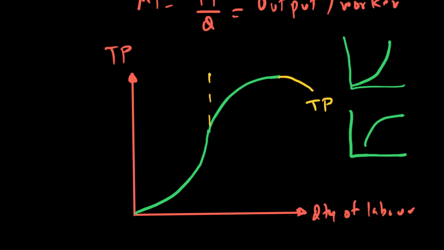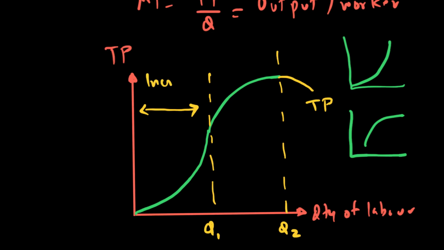We say the first part, when total output is rising at a faster rate, let's call it for Q1 workers, and then when total output starts falling, we call it Q2 workers. So when total output is rising for the first Q1 workers, we call this increasing MP. And I'm going to talk about it in 1 minute. This is called increasing MP.